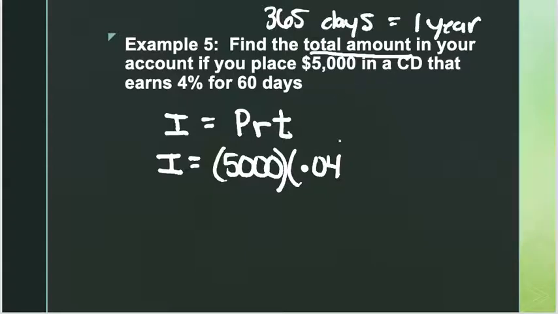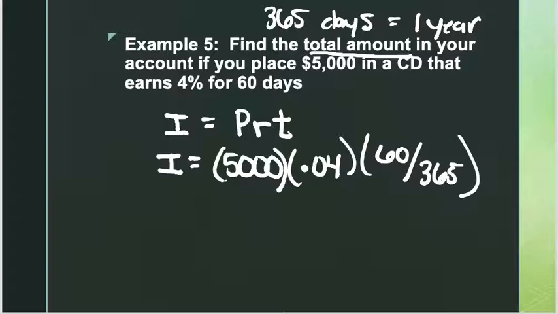So in order to find this, I can take 60 and divide it by 365, and that's going to convert that into years for me. So if we take 60 divided by 365, we end up with a really, really long decimal, 0.16438356616. So in order to be as accurate as possible, we want our very last step to round.